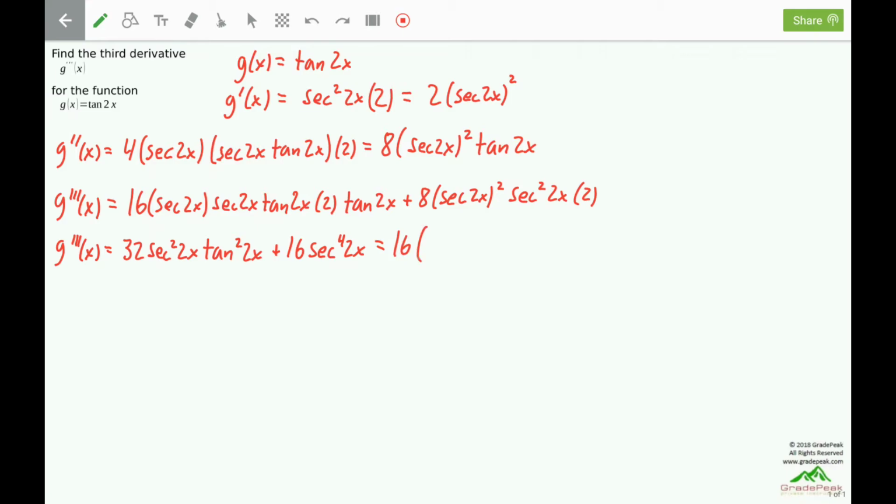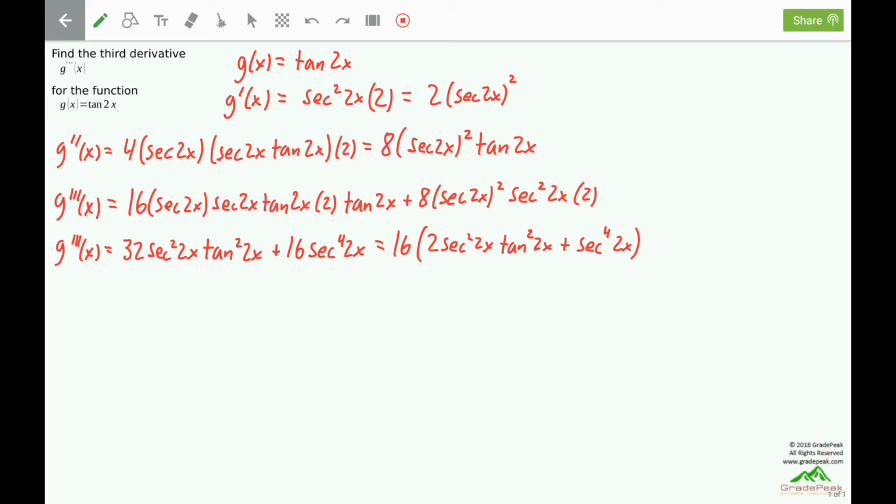Let's factor that out to begin. And that'll leave us with a 2, secant squared 2x, and tangent squared 2x, plus a 1, secant to the 4th of 2x.